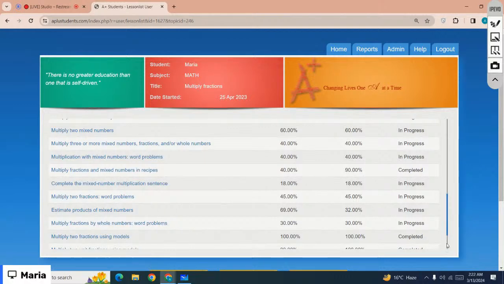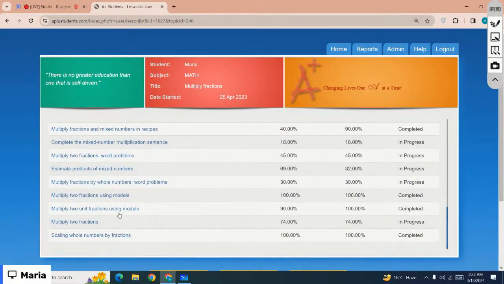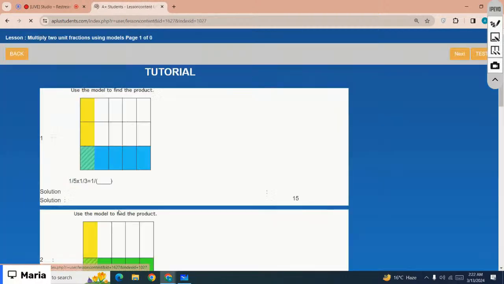The next lesson is multiply two unit fractions using models. Okay, let's just start with the first example. Use the model to find the product. That's exactly the same models we just finished.